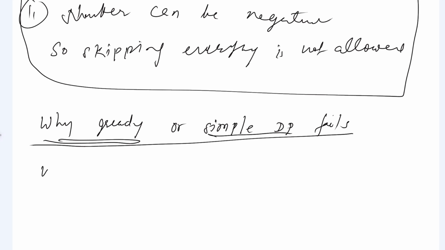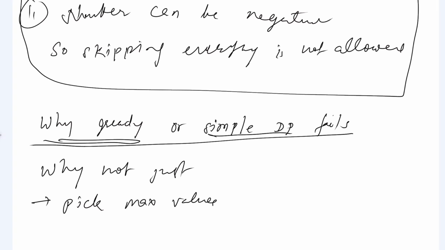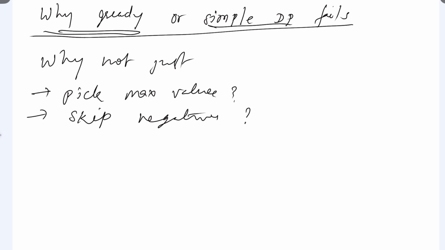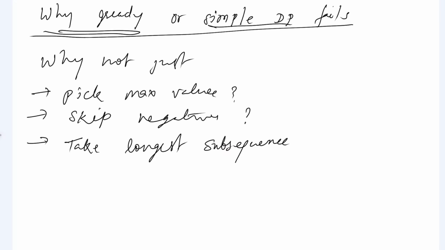Why not just pick max values, skip negative values, and take the longest subsequence?